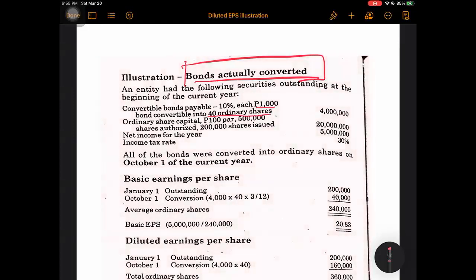Same as earlier, 4 million divide 1,000 is 4,000 times 40 ordinary shares. So in total, it can be converted to 160,000 shares.